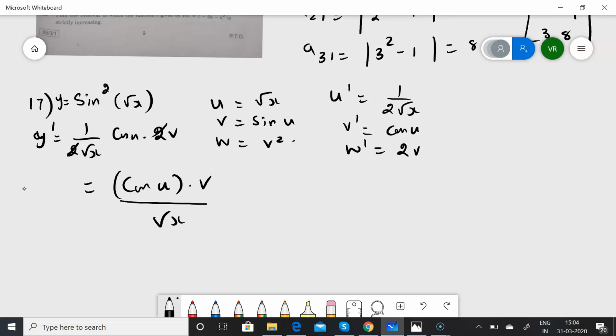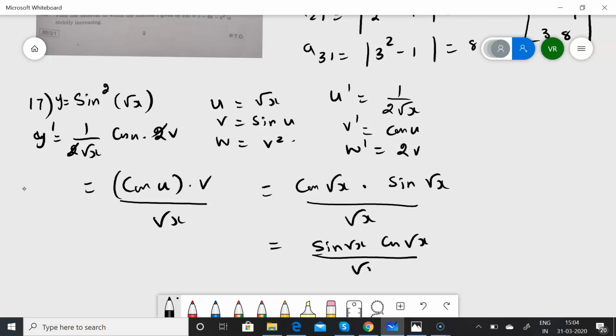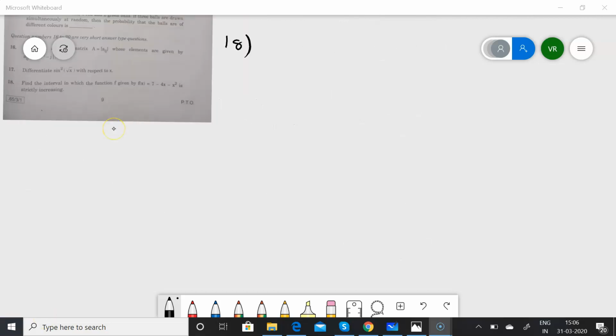Now substituting the values for u and v, that will give you cos root x into sine root x by root x, which is equal to sine root x cos root x by root x, or we can also write sine root x cos root x as half sine x, so which is equal to sine x by 2 root x.